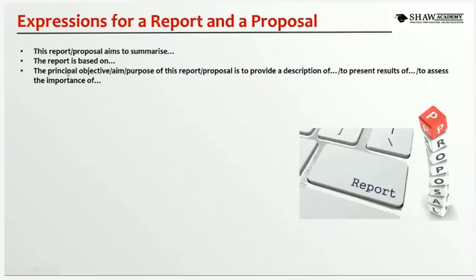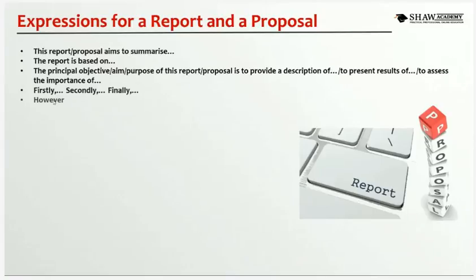Okay, so the principal or the main objective or aim or purpose of this report or proposal is to provide a description of, to present results of, to assess the importance of the new strategy for the company. So sentences like that. Don't forget your connectors.